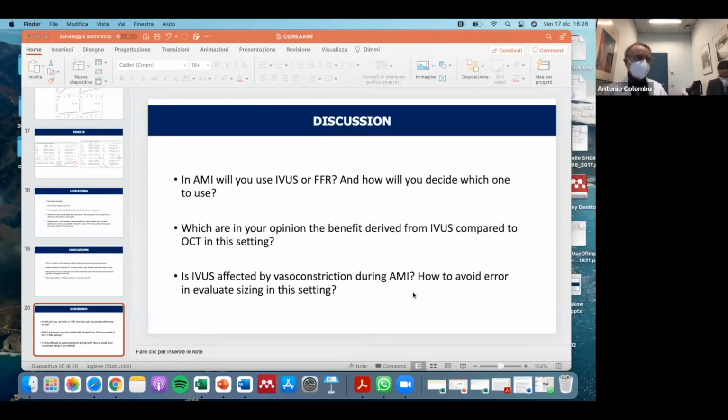Especially if you introduce a variable, such a type of procedure that the operator decides to do.